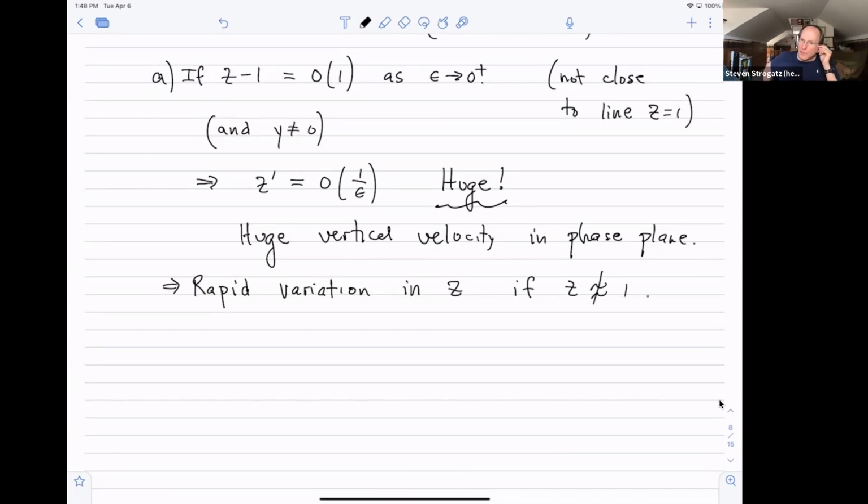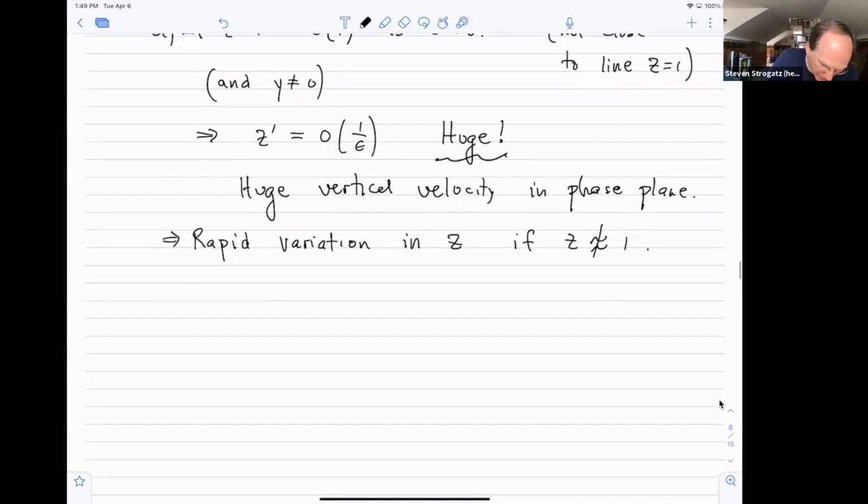Now, a rapid variation in Z is what we call a layer. This is the dynamical system way of thinking about a layer, that Z is changing very quickly with respect to changes in X. So this is corresponding to some kind of inner region, some kind of layer.